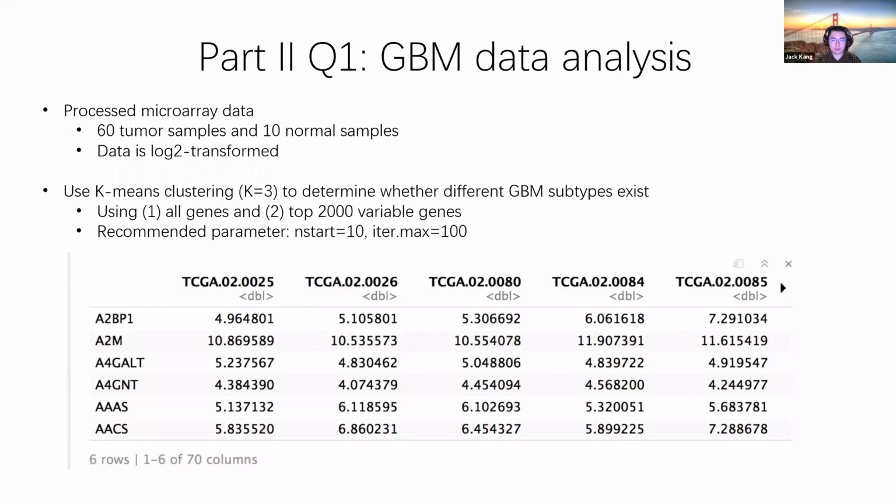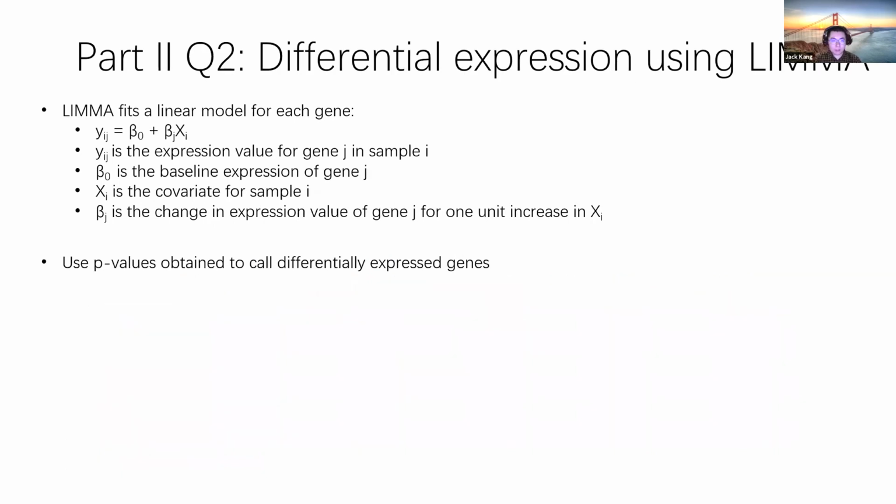Say we use subtype 1 as the reference group, and the mean log2 expression for the gene is beta 0 in the reference subtype. And in subtype 2, which is sort of like the test subtype, you will have its mean log2 expression as beta 0 plus beta j. It's really just linear regression.